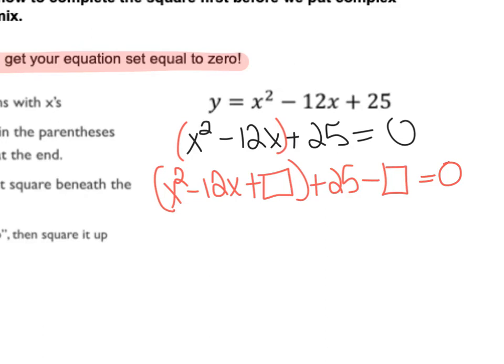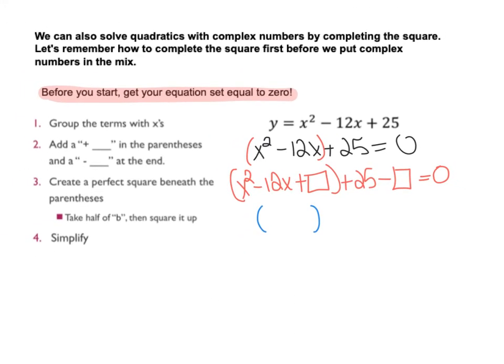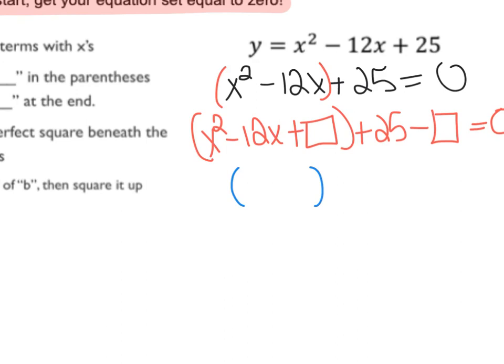So again, how do we figure out what we're going to add and subtract? We have our set of parentheses down here. It says create a perfect square beneath the parentheses. So right underneath of our parentheses, we're going to say x, and what goes in here is going to be half of b.